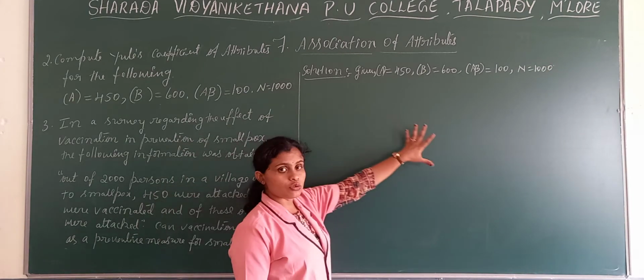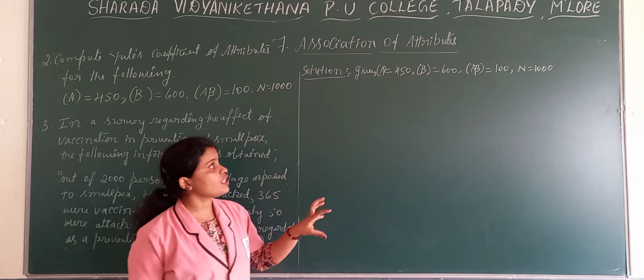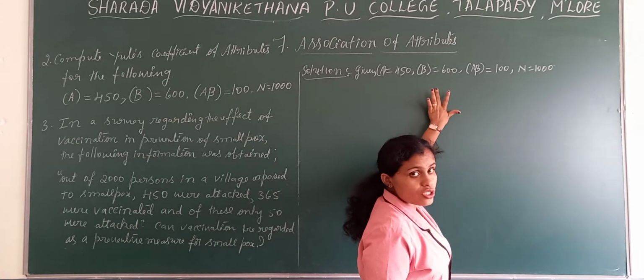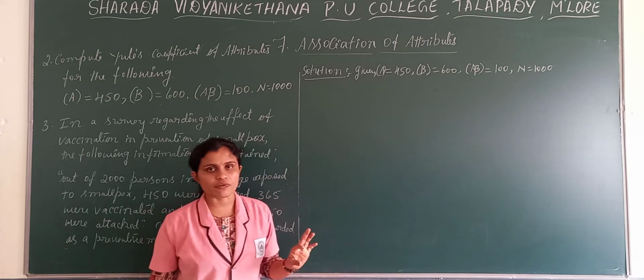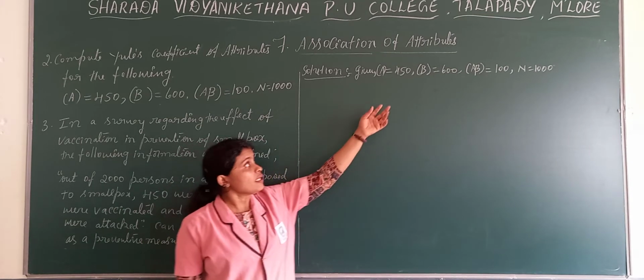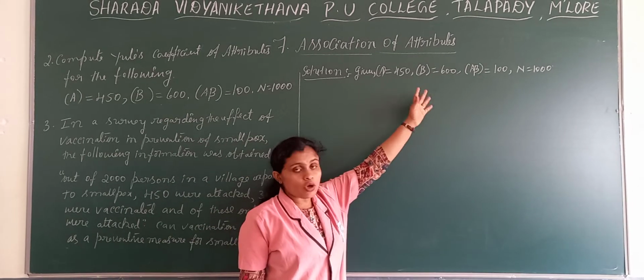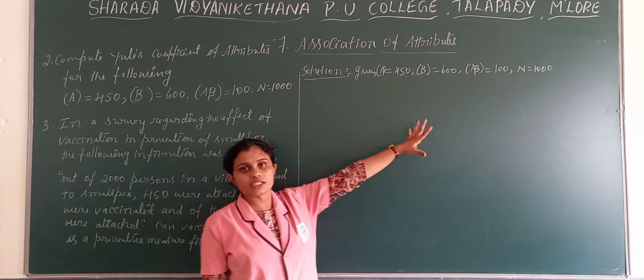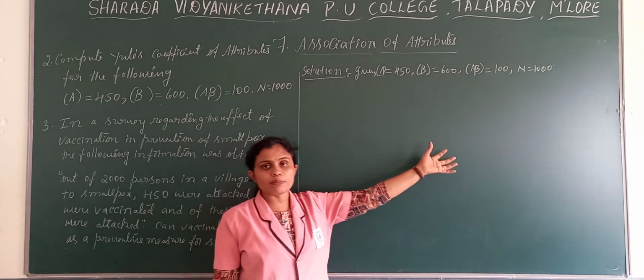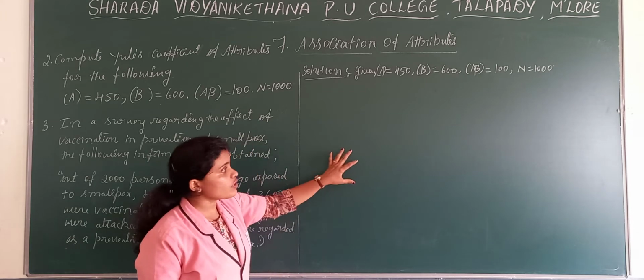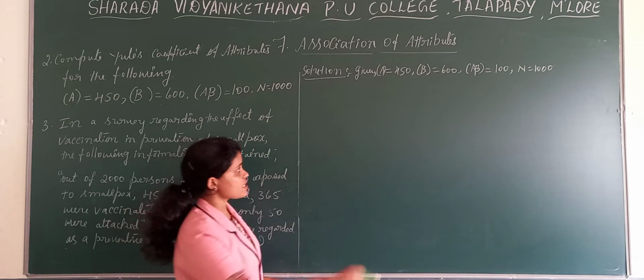Now firstly we need to draw a contingency table. We need to represent these attributes, and as well as class frequencies we need to find out the remaining class frequencies by using the information they have given. Now we need to draw the 2 into 2 contingency table.